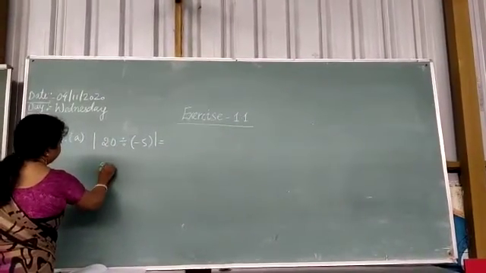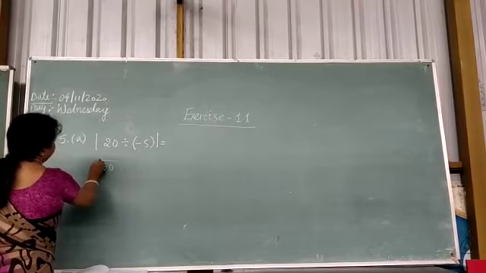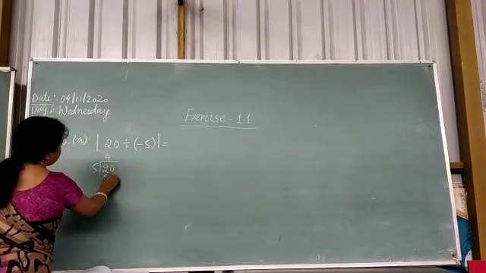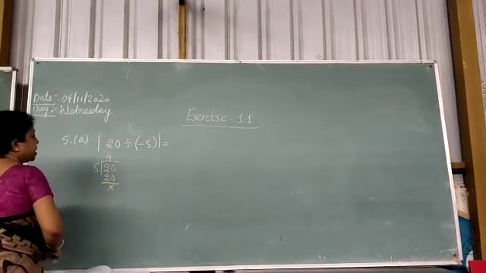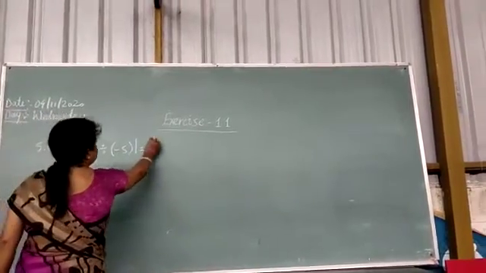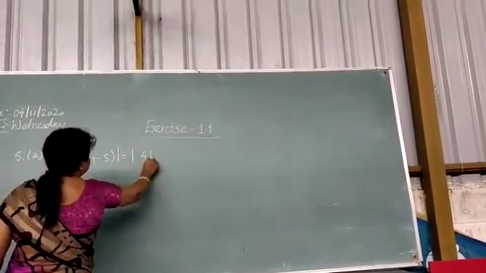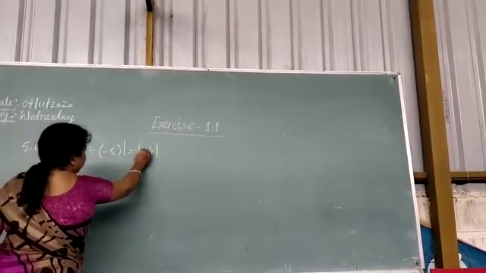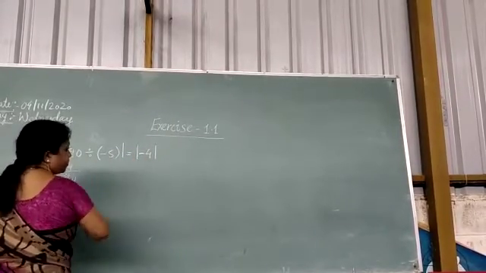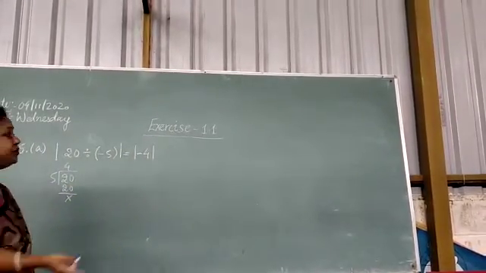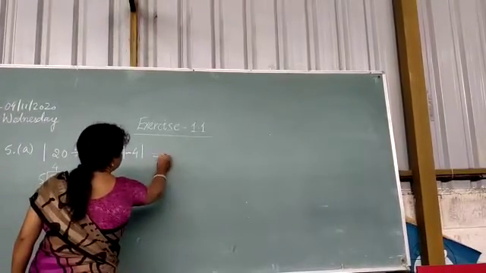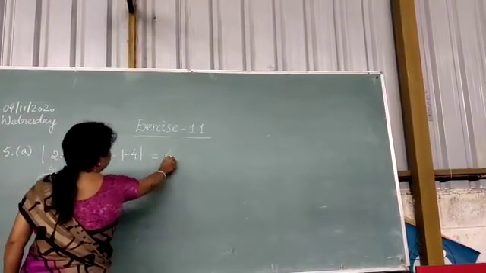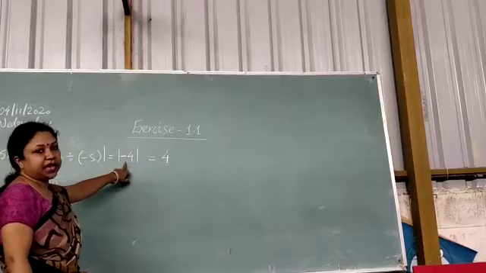When we divide 20 by 5, how much do we get? 5 4s are 20. So we got the value 4. What sign do we have here? We have a minus. So we write down minus 4. But when it is absolute value, it's only the numeric value, that is only 4. There should be no sign.